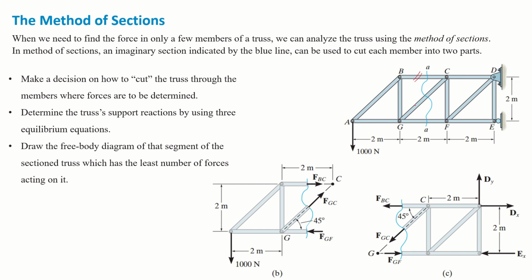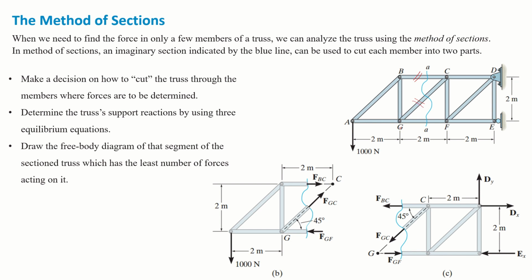The method of section is quite a short process to find the force in a member, especially when the truss is very large, and you can find the force in any member by using the method of section.